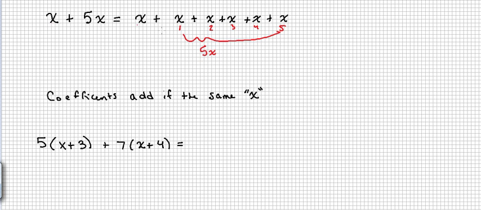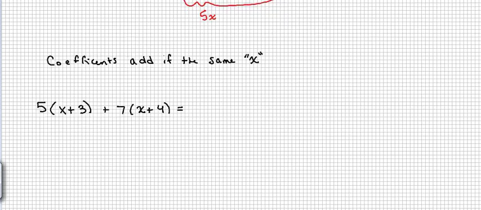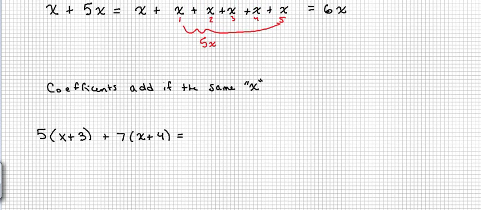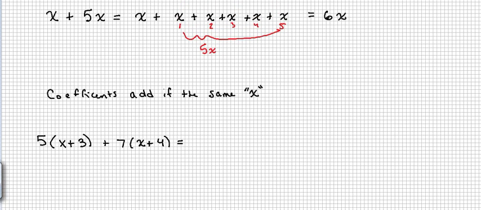And then we're going to just add one more x. So this will be plus this 1x right here. And that's going to give us 6x. And that coefficient of 6x is just telling us to add the x's. How many times was that x added to itself?